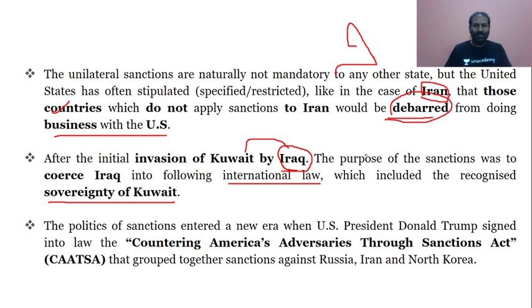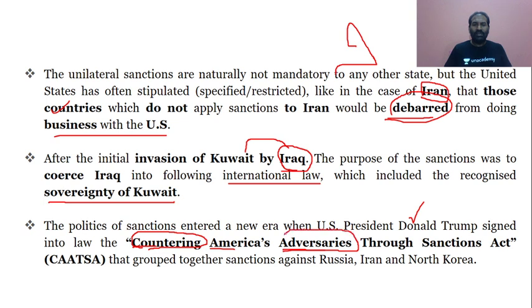So we have looked at Iran and Iraq, and then the US president, Donald Trump, came up with a new law, that is CAATSA. What is CAATSA? Countering America's Adversaries Through Sanctions Act. Trump wanted to counter the adversaries.